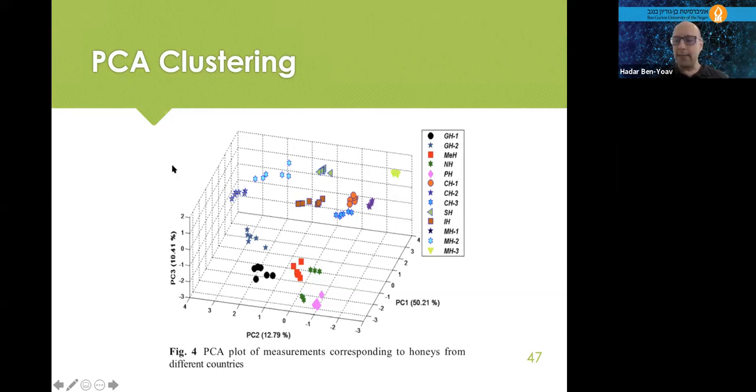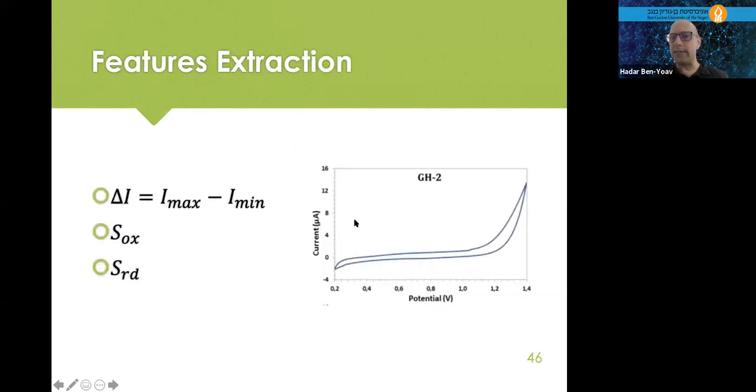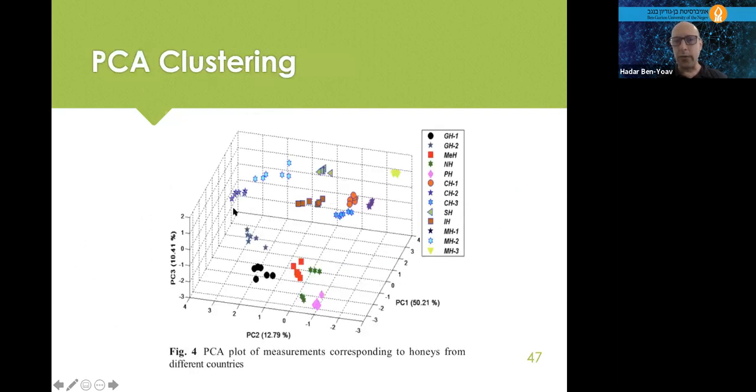So what they can see is that even though they look more or less the same, by extracting those 3 different feature values from each one of the electrodes, from each one of the honeys, we can get a very good clustering or differentiation of the different types of honey.